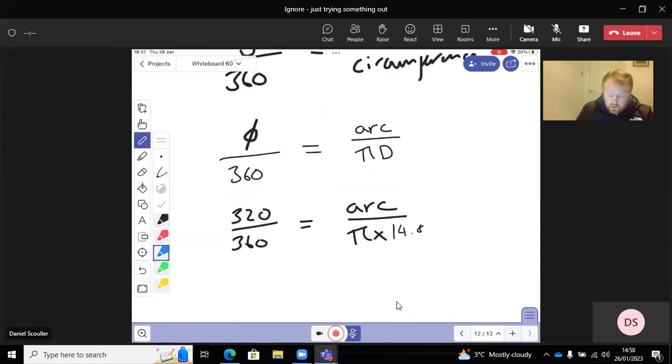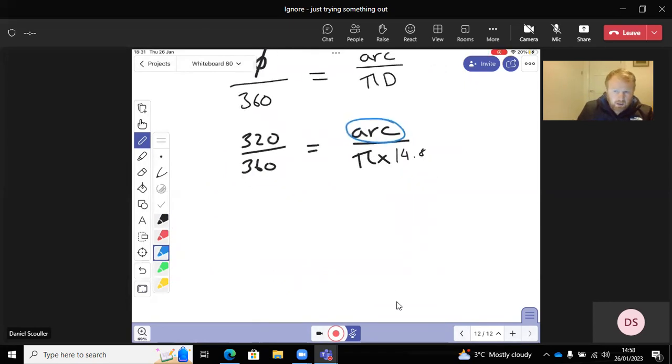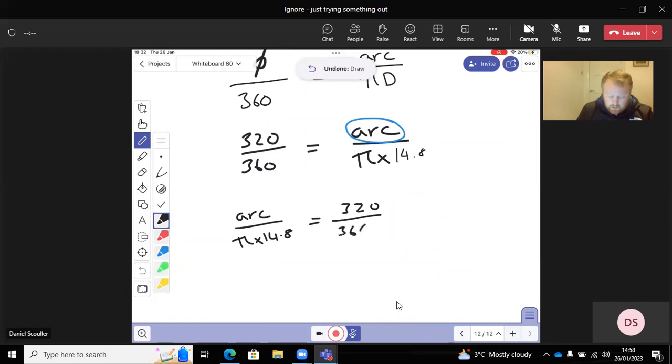Now my unknown in this is that arc. We can keep that on the right hand side, but when we were rearranging equations, we liked the unknown being on the left hand side. Remember that the equal sign means I can just spin that equation round and it doesn't change anything. The only reason I do that is so my unknown's on the side I want it to be.